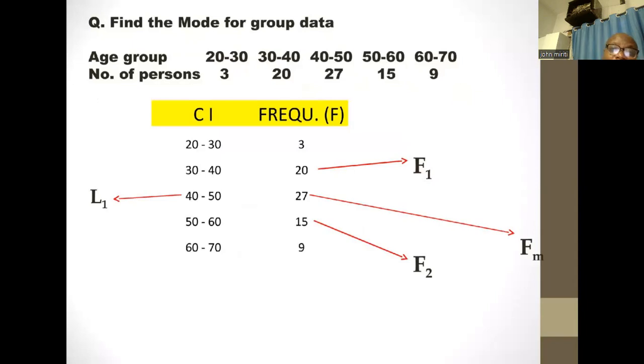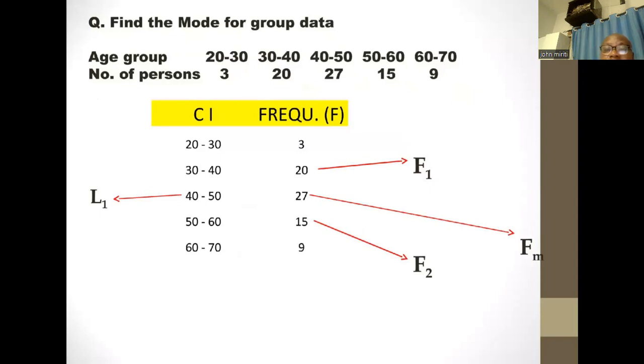In this case, we have classified the data in that way. If you want the number of persons, then you look at what point that mode occurs.